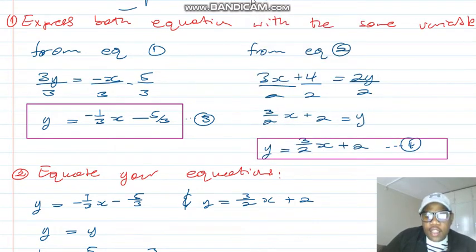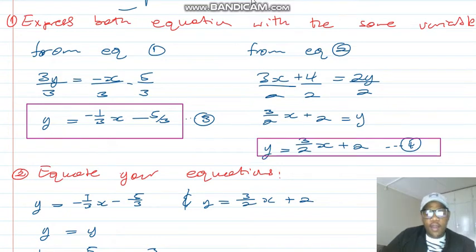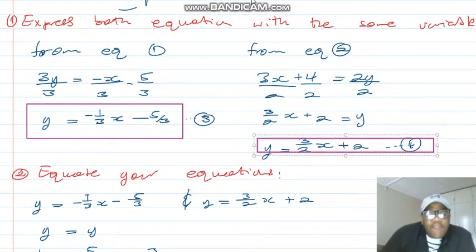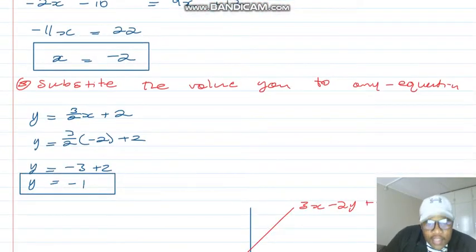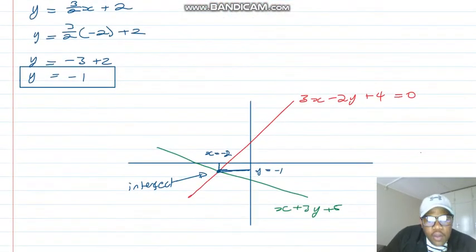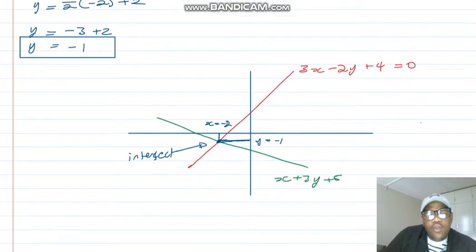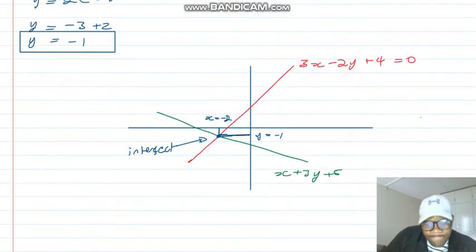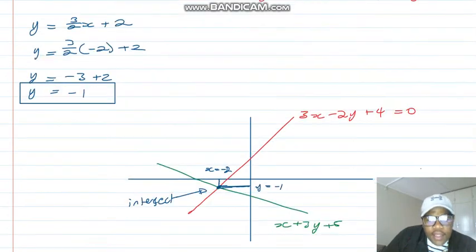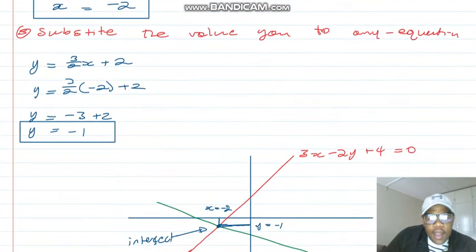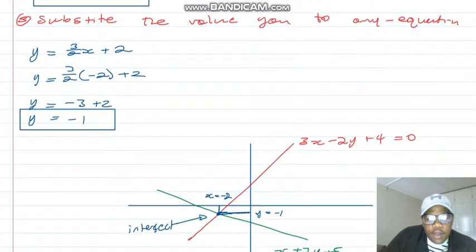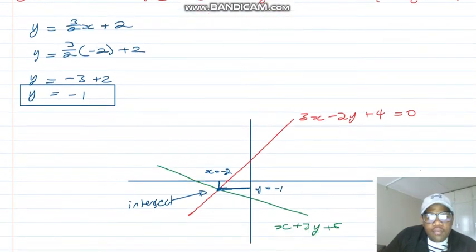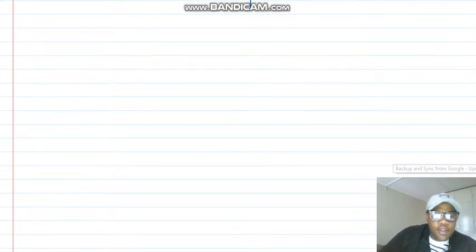So it's basically these two functions right over here. So when you equate them, you are finding the point at which they intersect. And that's it, guys. I'll do the last method, which is called elimination. Actually, let me start it in this video.